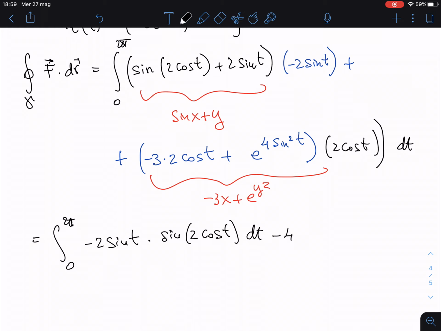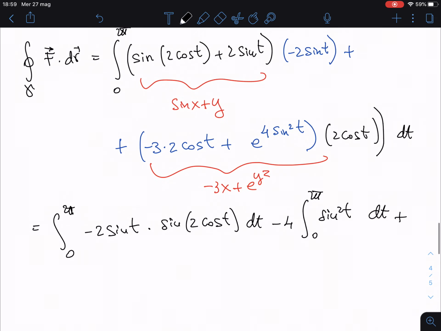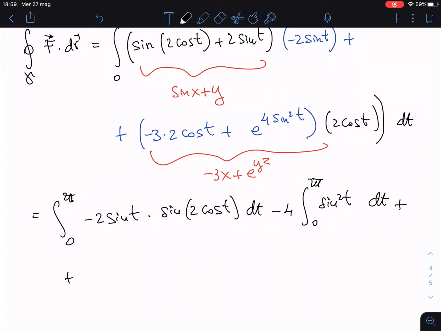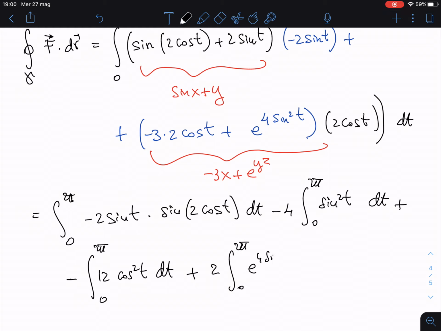Then minus 4, 0 to pi sine square of t dt plus minus 6 times 2, so minus 12 cos square of t plus 2, 0 to pi e to the 4 sine square of t cosine of t dt.